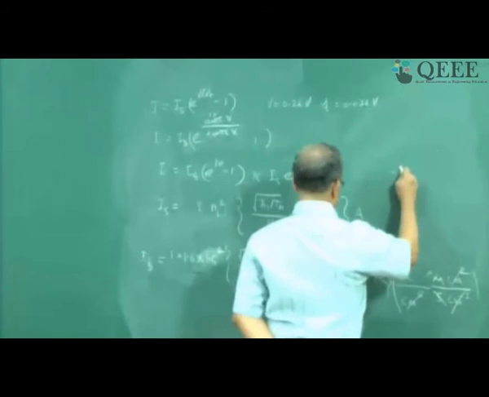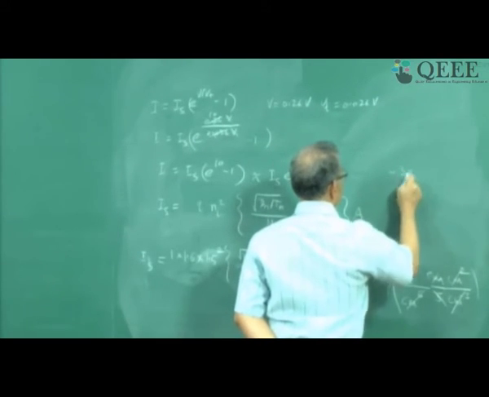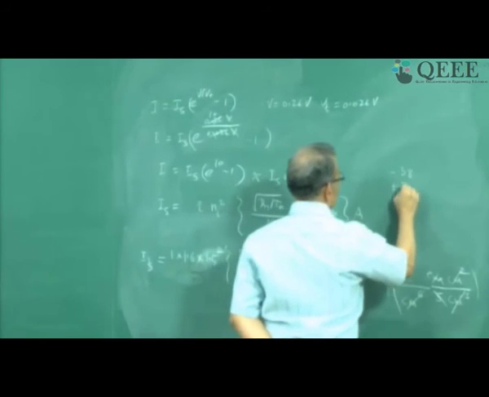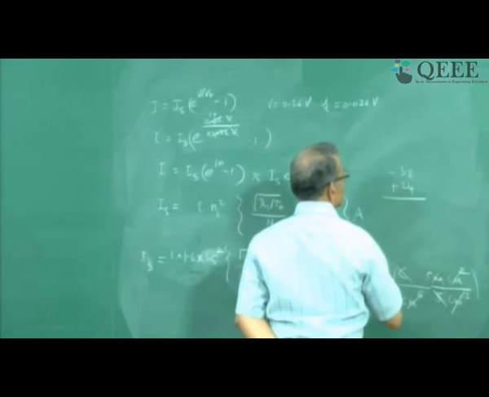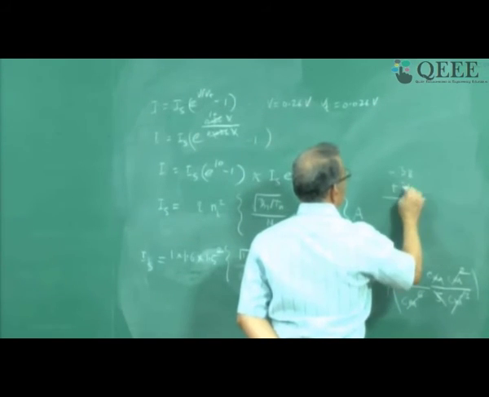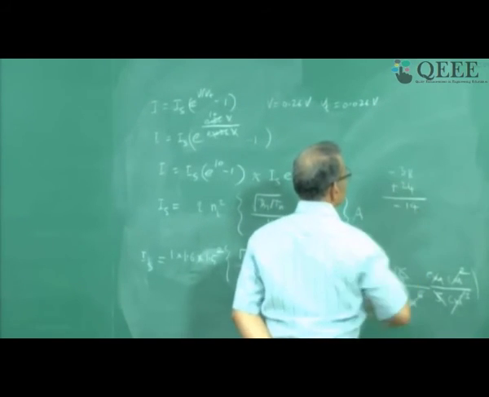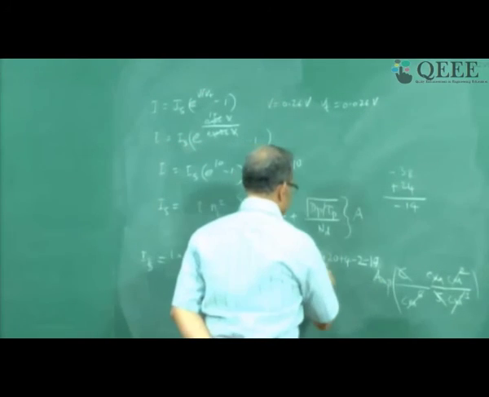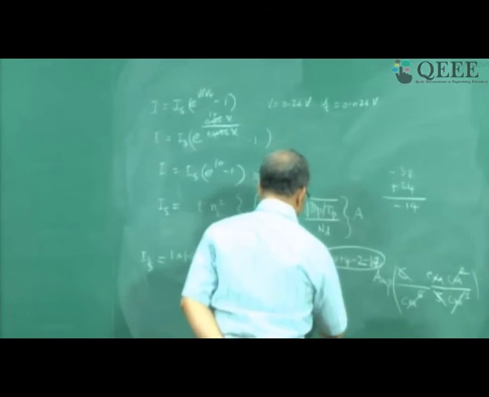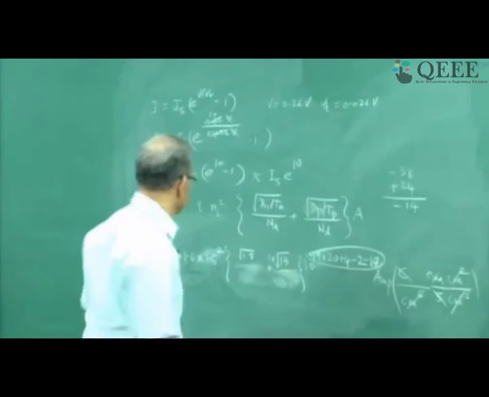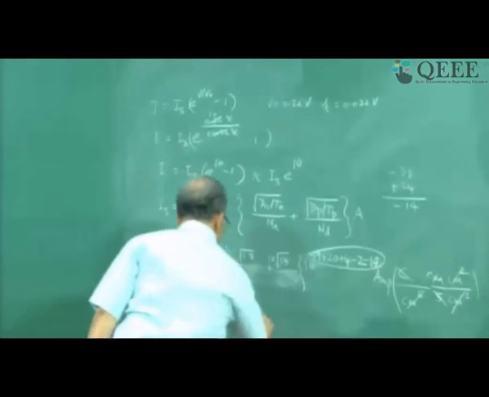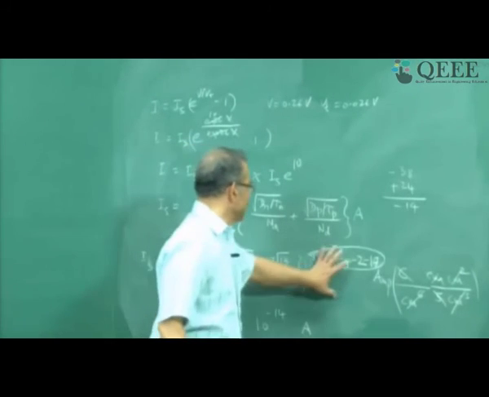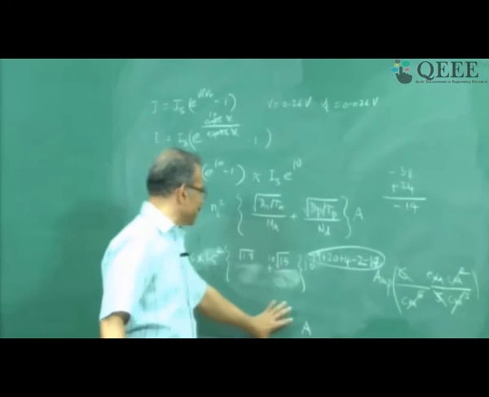So minus 38 plus 24. So this will be minus 14, right? So this whole quantity is minus 14. So I get 10 power minus 14 here, amperes, this part alone, and multiply. So that is the order I am getting.